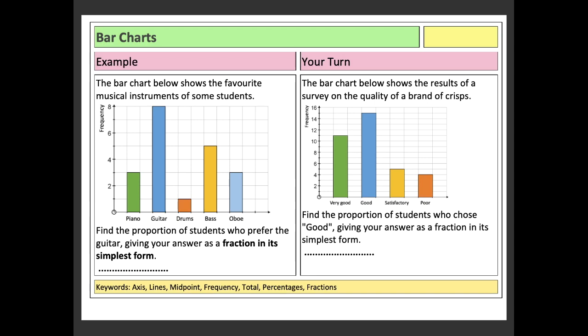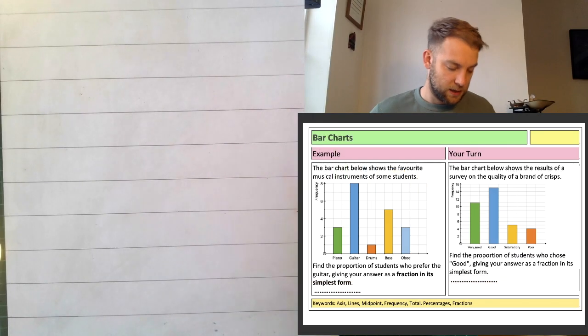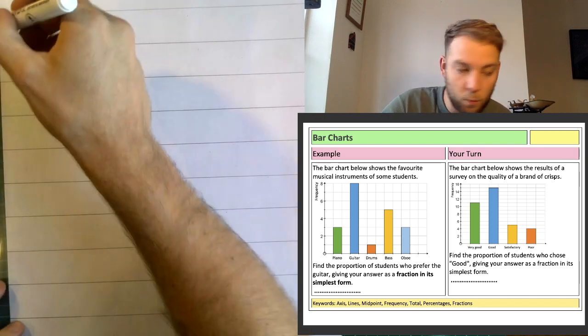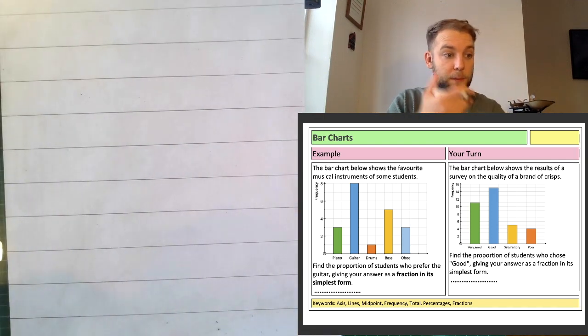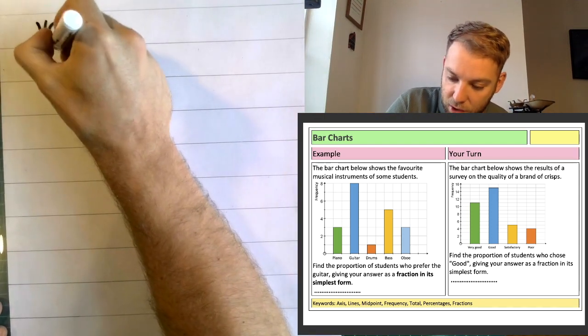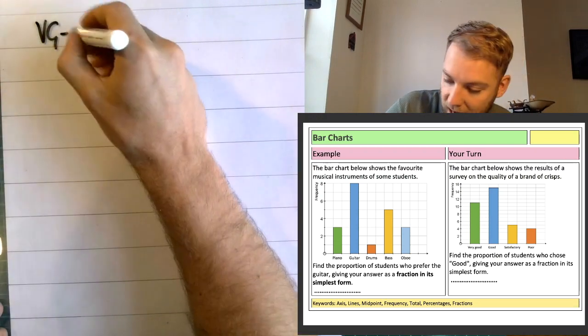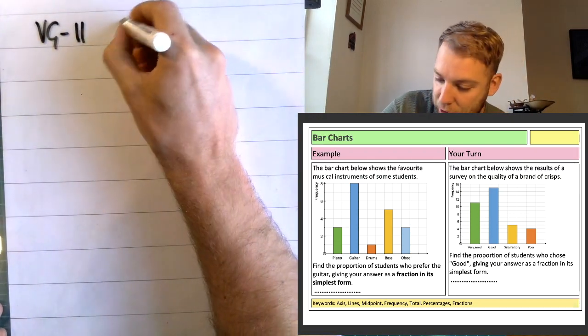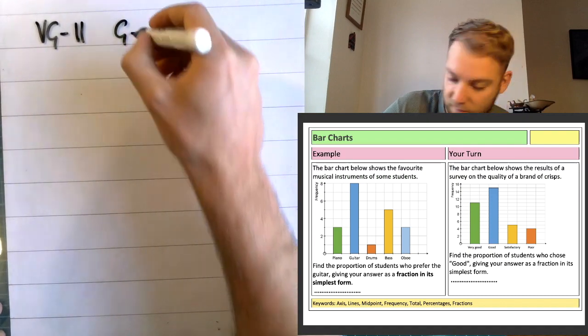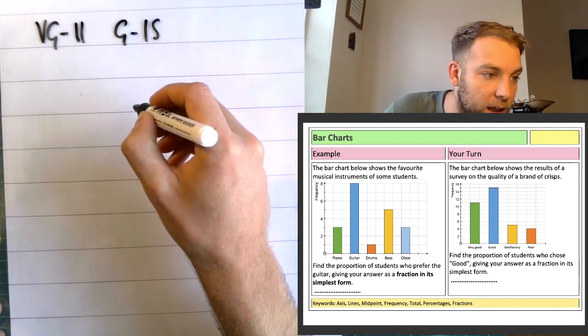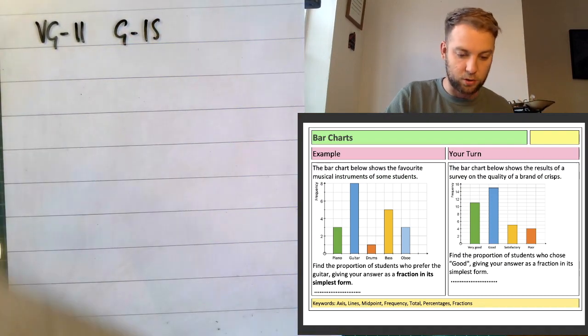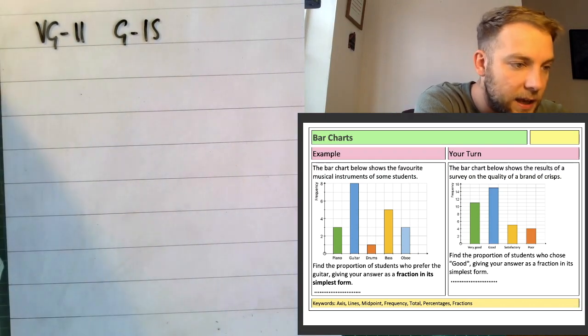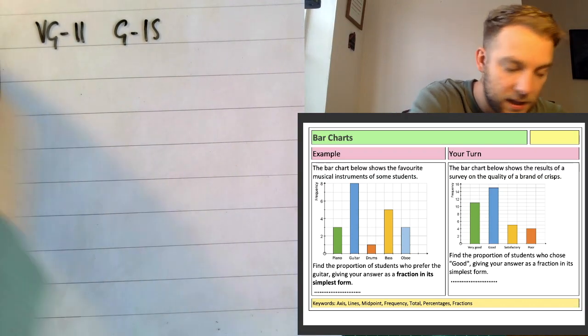Okay, so let's have a go at this together then. So it's very similar. We need the total amount because they're looking at the proportion. So we're looking at very good, which was 11. We're looking at good, which is 15. We're looking at, now I'm going to use my ruler to go across with this on the screen just so I can see it. Make sure it's right. Yeah, good.